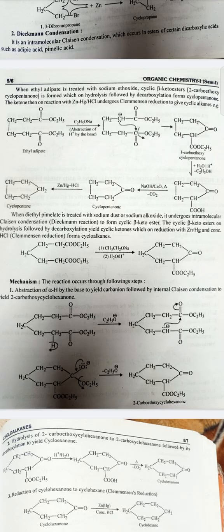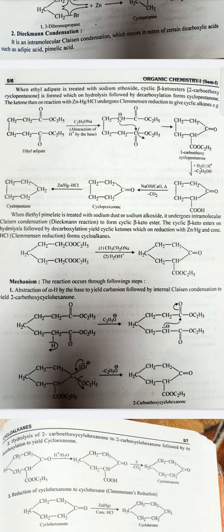When ethyl adipate is treated with sodium ethoxide, cyclic beta ketoester 2-carboethoxycyclopentanone is formed, which on hydrolysis followed by decarboxylation forms cyclopentanone. The ketone then on reaction with zinc amalgam and HCl undergoes Clemmensen reduction to give cyclic alkane.